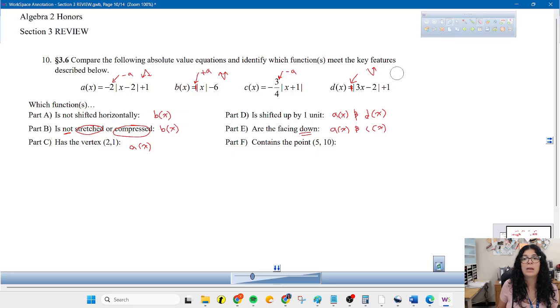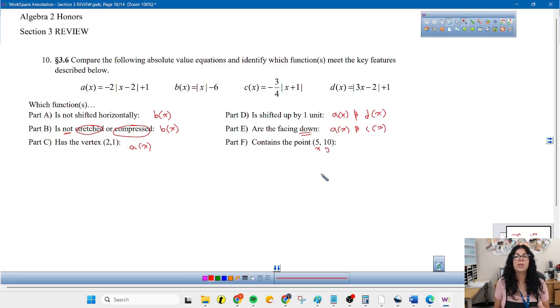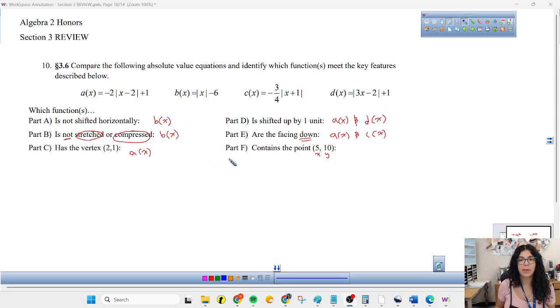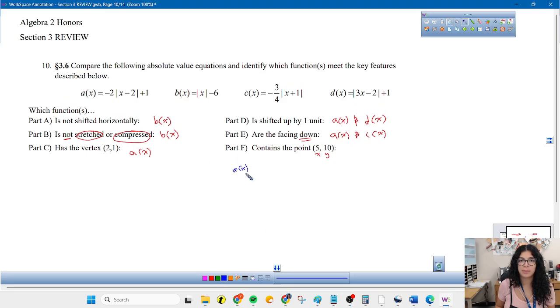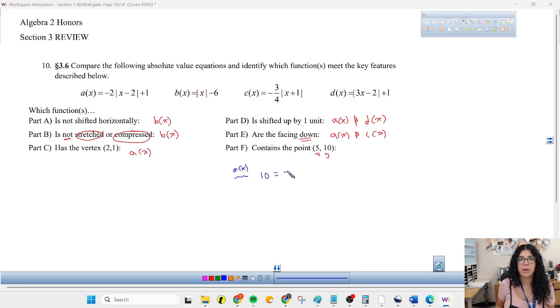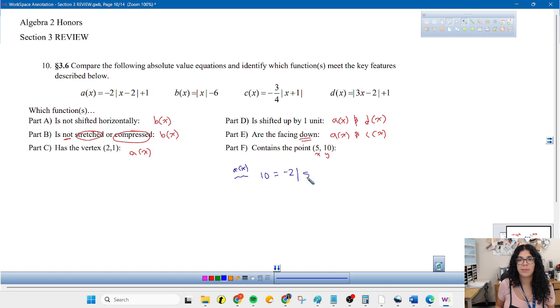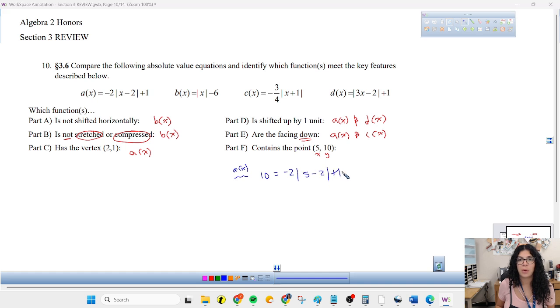Okay, last one, contains the point 5, 10. Now to check that, I have to plug it in. Plug in the x value of 5 and the y value of 10 and see which equation actually matches that point. So let's start with A of x. Is 10 equal to -2 times the absolute value of 5 minus 2, plus 1?